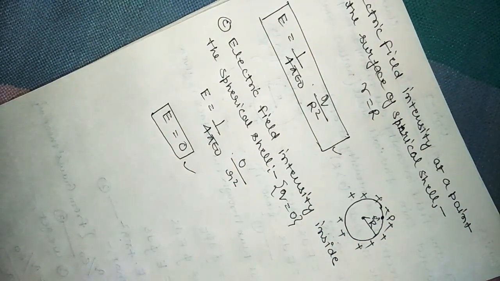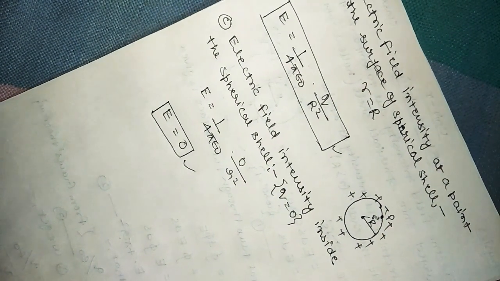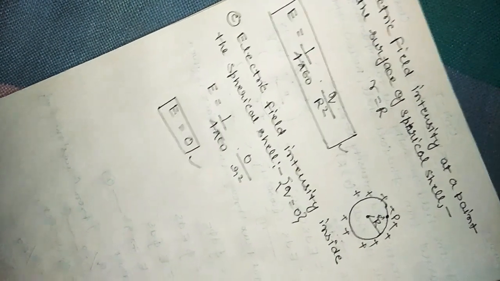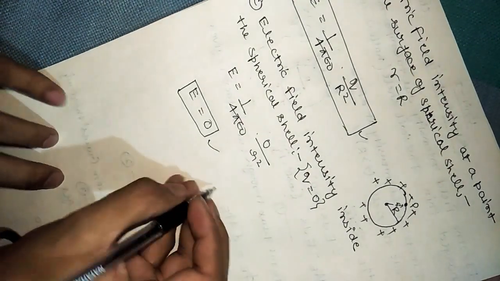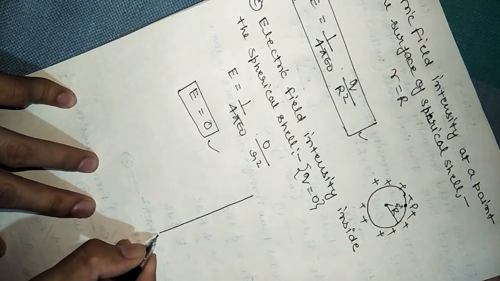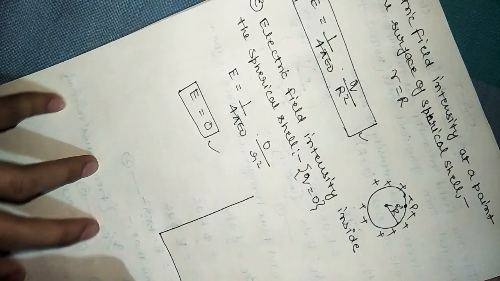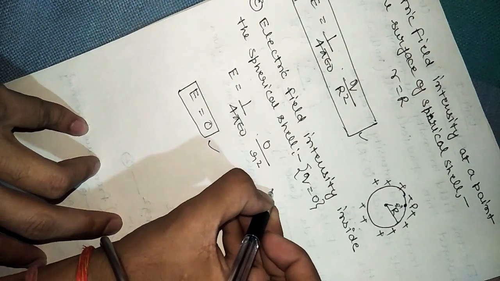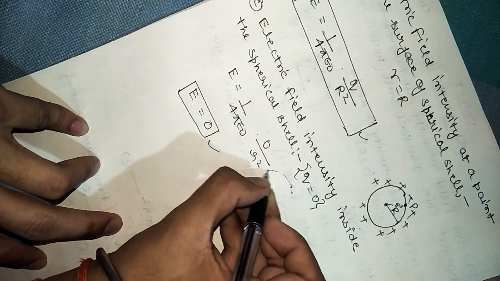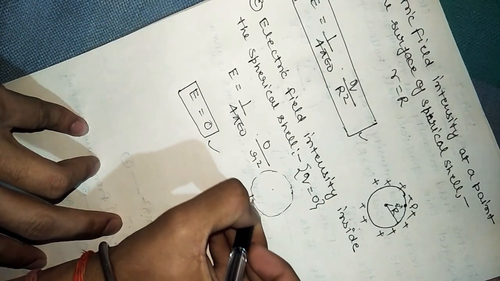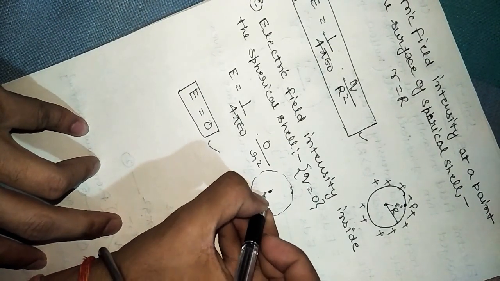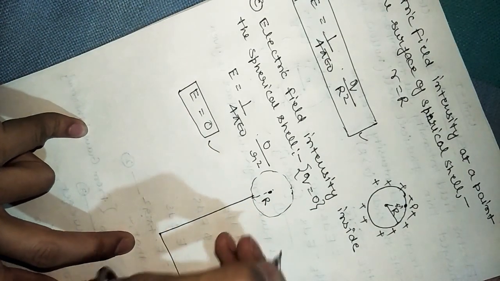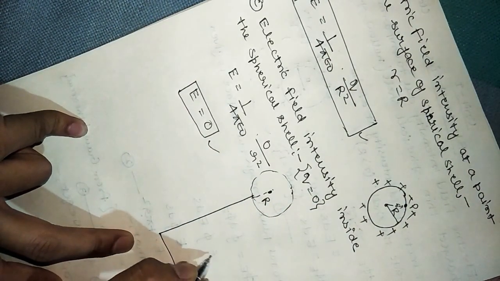But the most important point: for a hollow sphere, there is a graph that is often asked. We have to make that particular graph for a hollow sphere of radius capital R. How will you construct this graph?